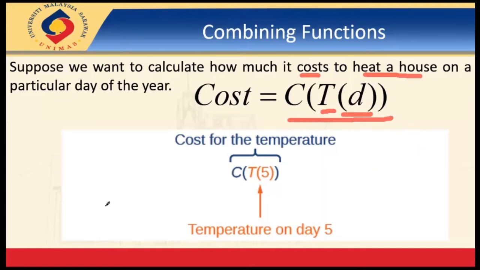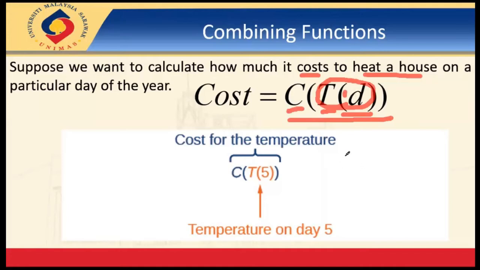This t of d is a function. It will have some value, but whatever value this function has, the output of this function becomes input to the other function. So in this way, we can actually combine even 1, 2, or 3 levels of function.